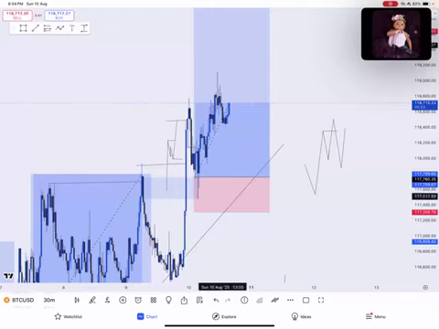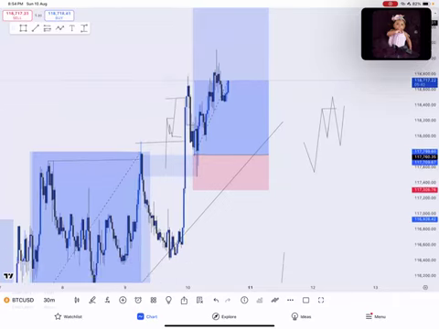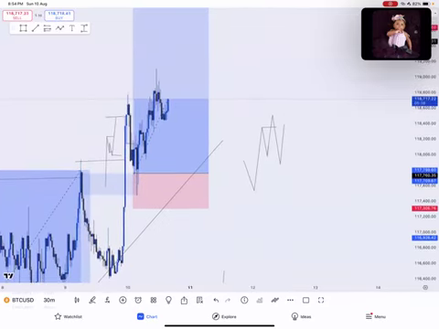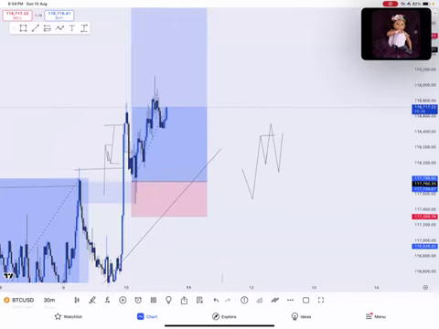That was wrong. When I map out my inducement, I was actually waiting for the price to come down to the other blocker at the bottom. It's wrong.